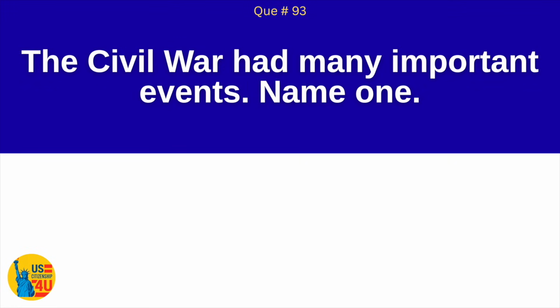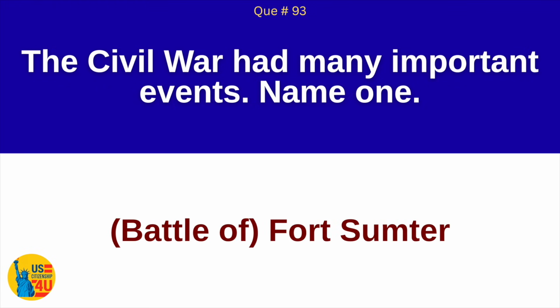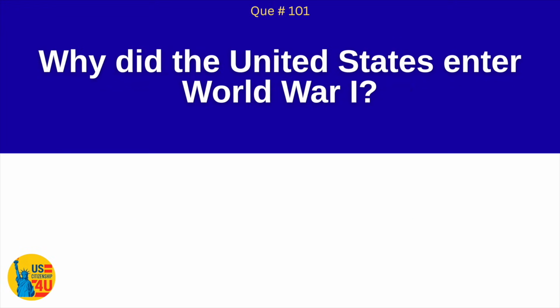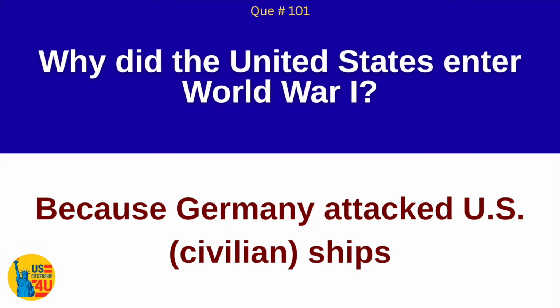The Civil War had many important events. Name one. Battle of Fort Sumter. Why did the United States enter World War I? Because Germany attacked U.S. civilian ships.